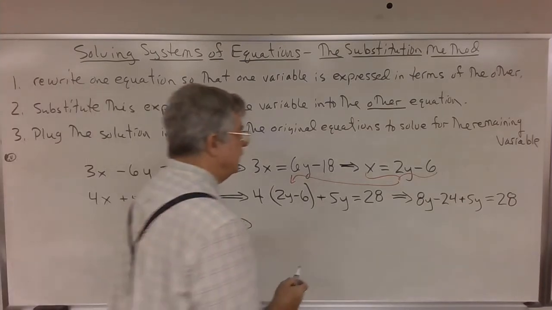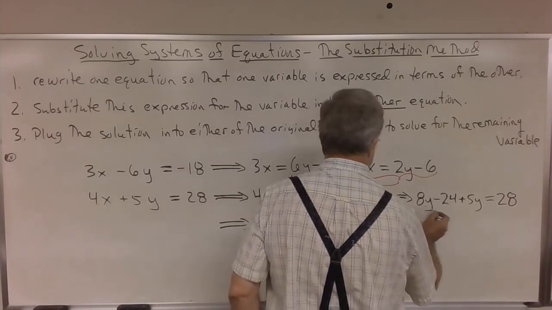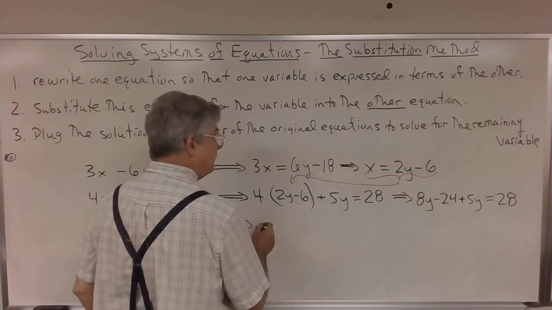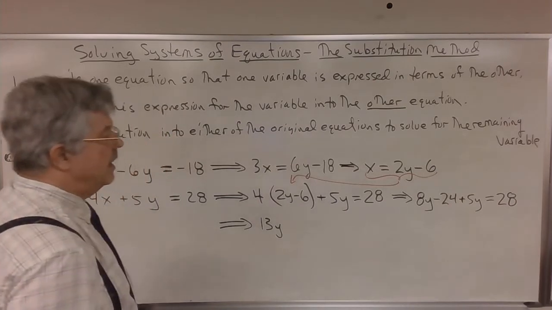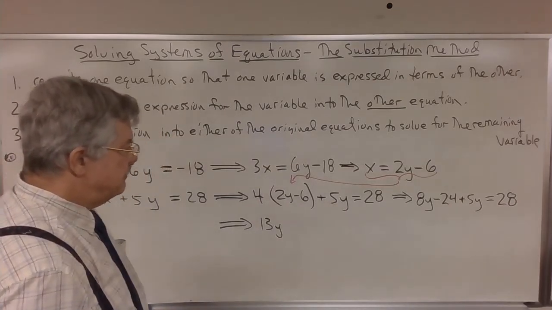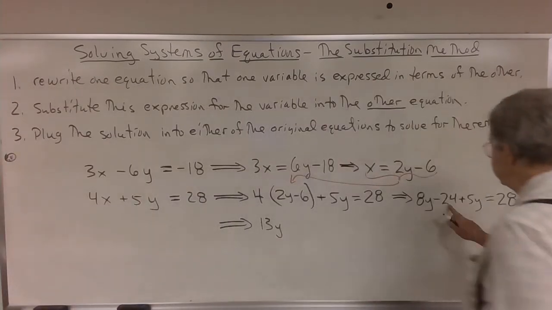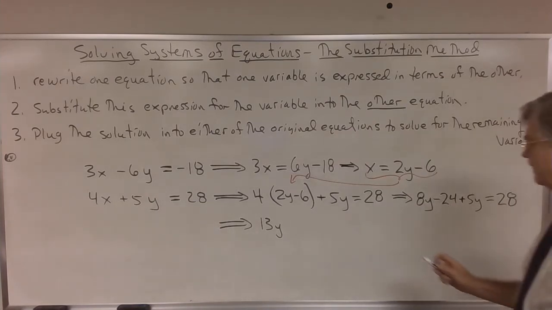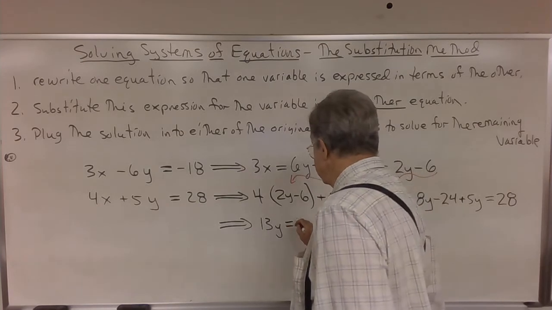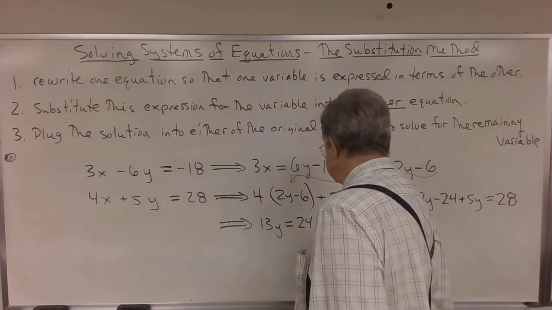Okay, well, let's see. 8y plus 5y is 13y. And now I'm going to take this negative 24 and move it over to the other side. So I add 24.